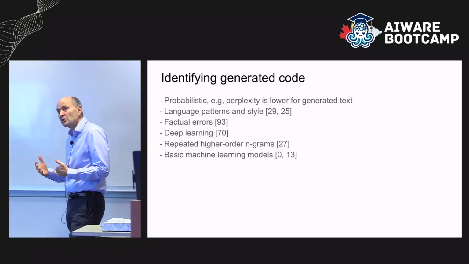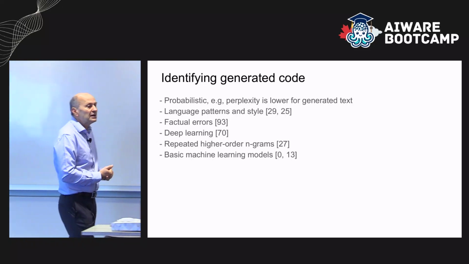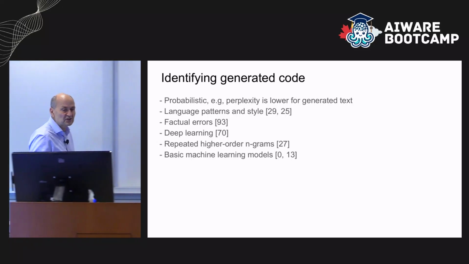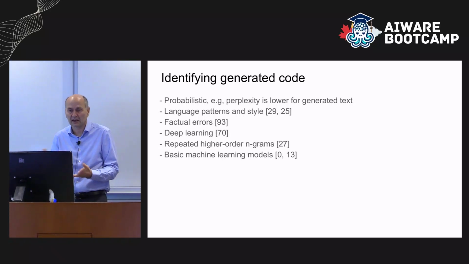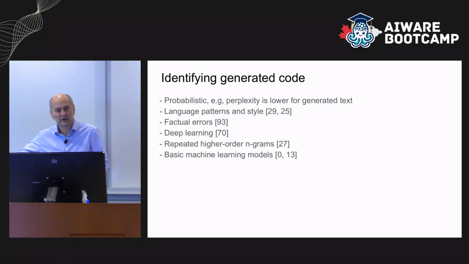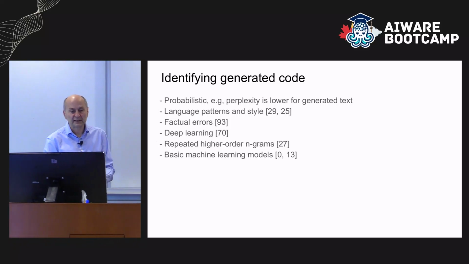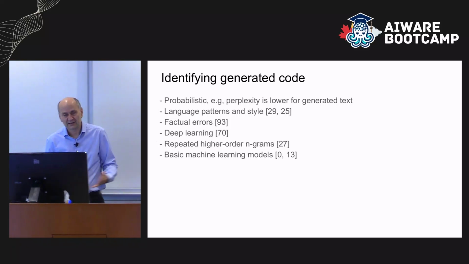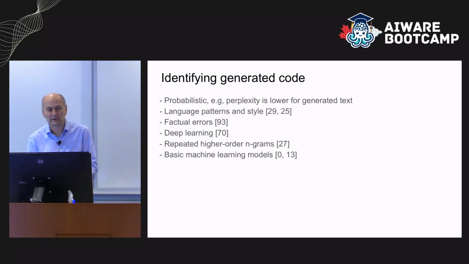detecting generated code is much easier than generating code. There are simple measures where you look at the conditional probabilities, and you find that perplexity is much lower for generated text than regular text. But again, you need some idea of what these probabilities might be.